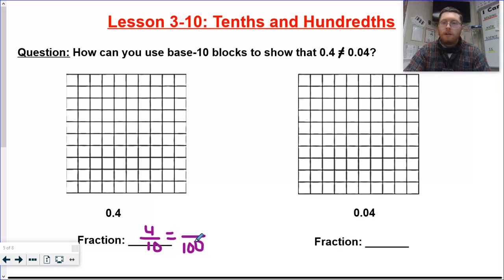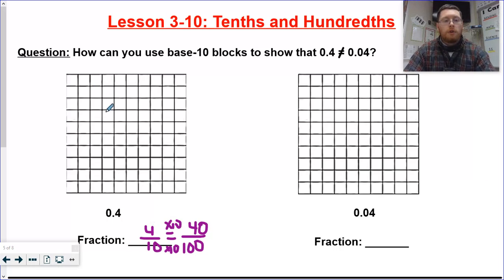Again, if you don't know how to do this, look in my last video and even the previous video before that, because I show you exactly how you convert with these. So 10 times 10 equals 100. Whatever I do to the bottom, I do to the top. 4 times 10 is 40. So I am coloring in 40 of these little cubes.